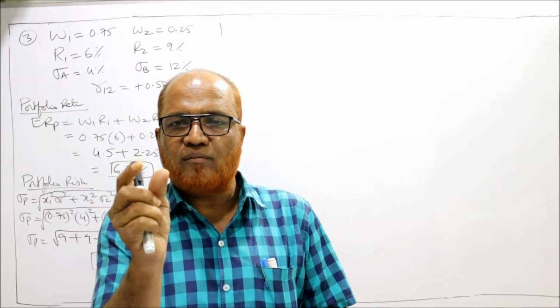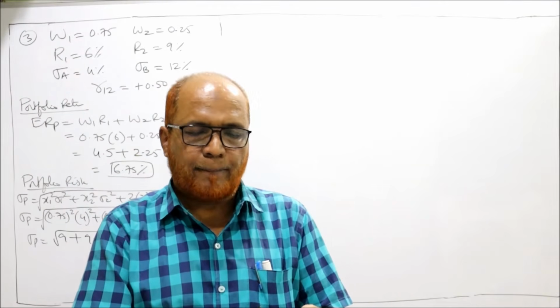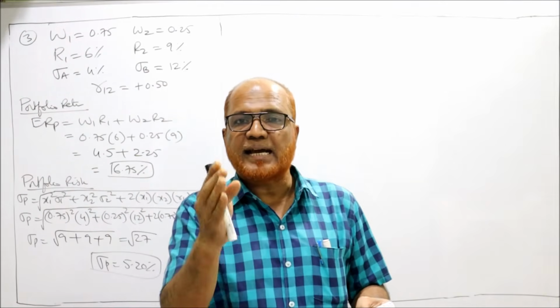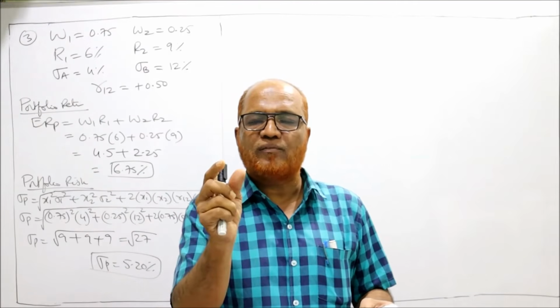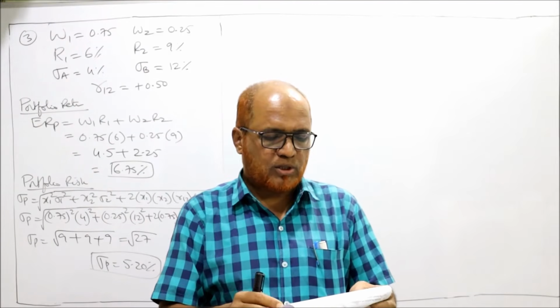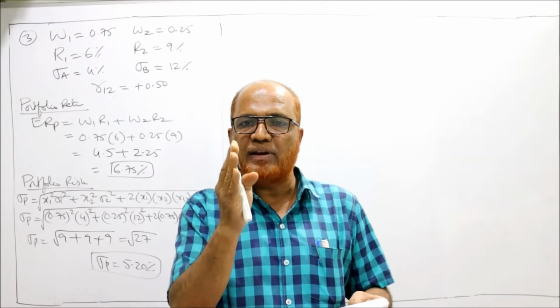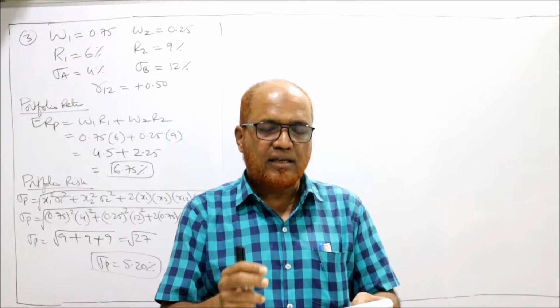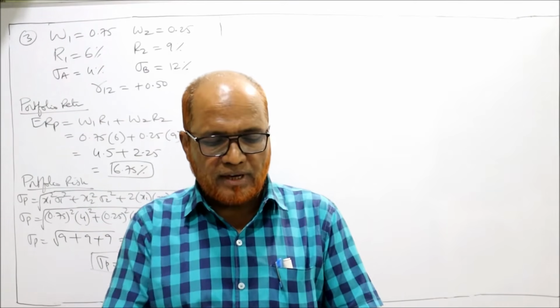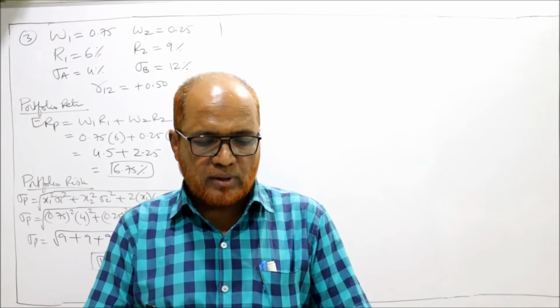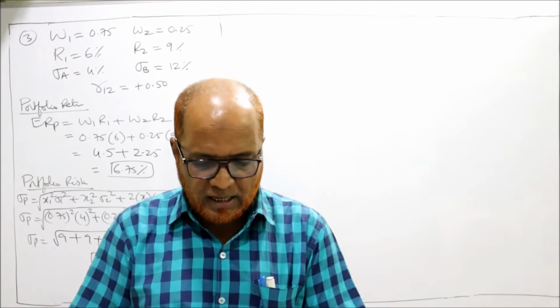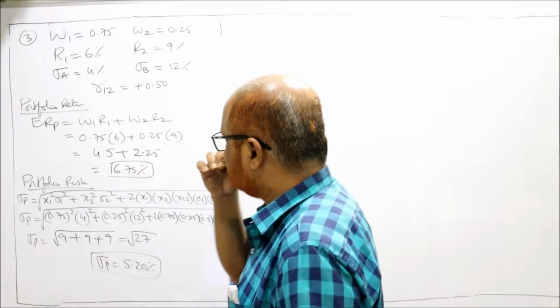So correlation coefficient between first and second security is 0.5. B and C, second and third: correlation coefficient between 2 and 3 is 0.2. And correlation coefficient between A and C, first and third, is 0.5. So we are given this data. From this we have to calculate the portfolio return and portfolio risk.